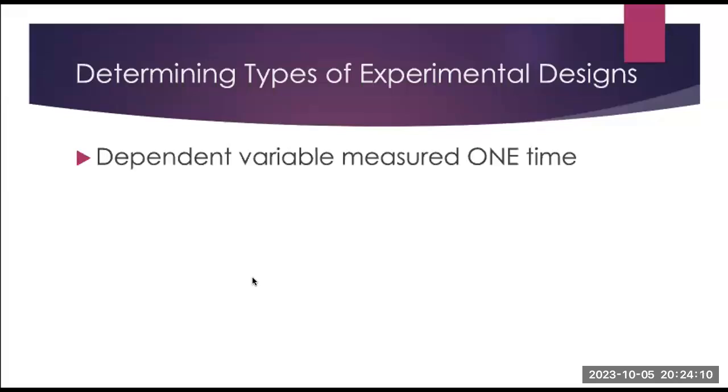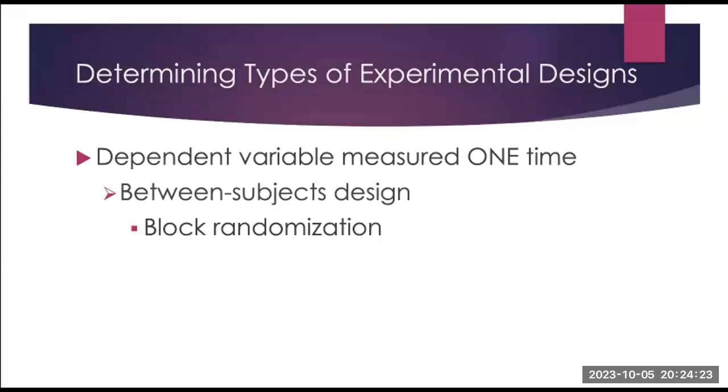Okay, so determining types of experimental design. If the dependent variable is measured only one time, then you have a between subjects design. You could use block randomization or matched group design to help increase your internal validity.